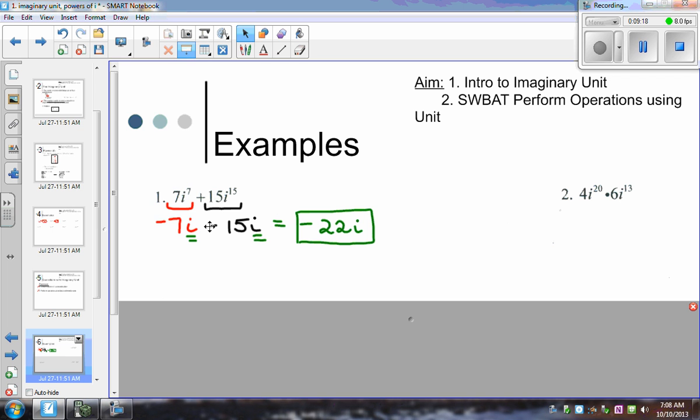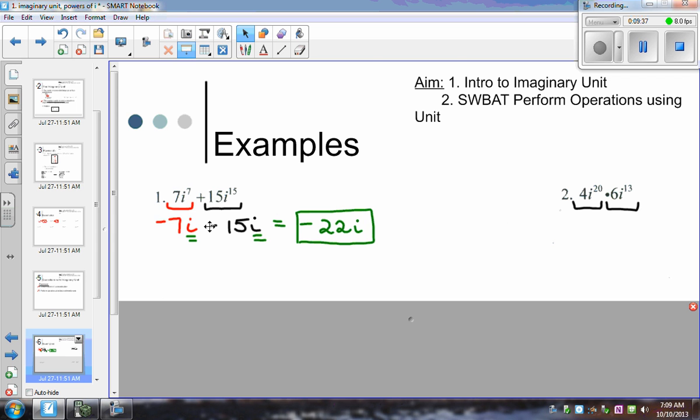The process is the same no matter what the operation is. In example 2, you see multiplication. We're going to do the same setup: take 4i to the 20th, take 6i to the 13th, simplify them, and then multiply whatever remains.